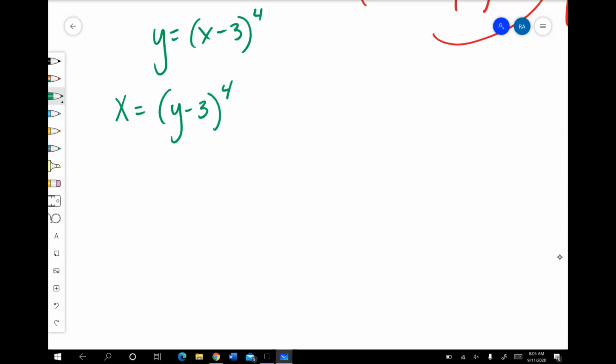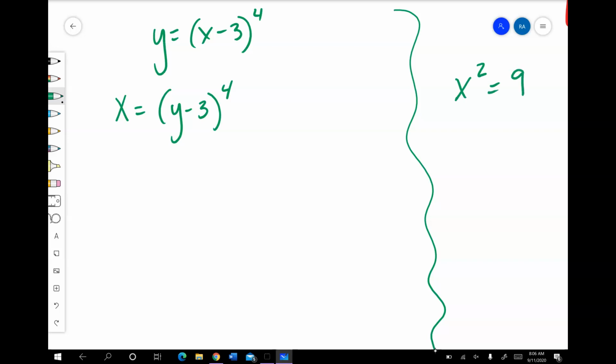Now I'm going to come over here to a side note, and I want to do a flashback to math too. Okay? So if you had x squared equals 9, how would you get rid of that x squared? You would take the square root, correct? And a square root and a square cancel out, and I'm left with whatever the square root of 9 is. I mean, I know what that is, but that's not the point of the problem.